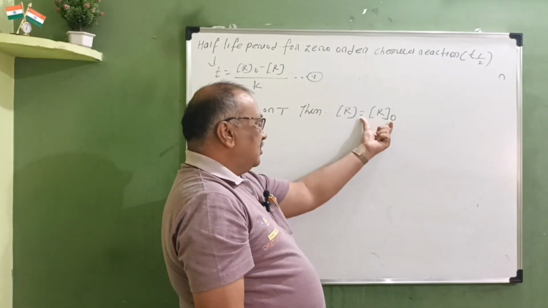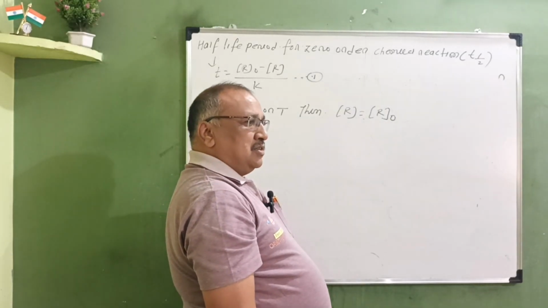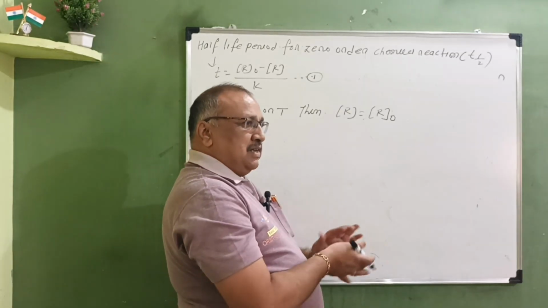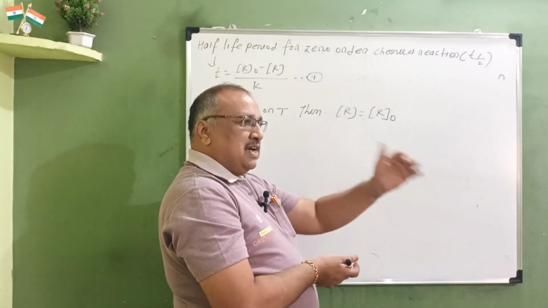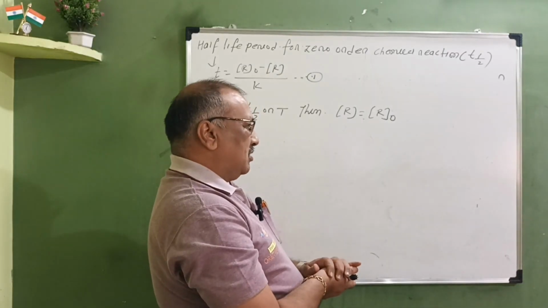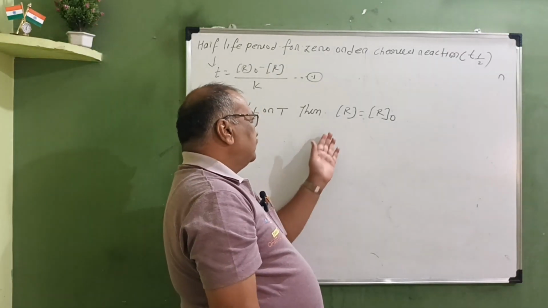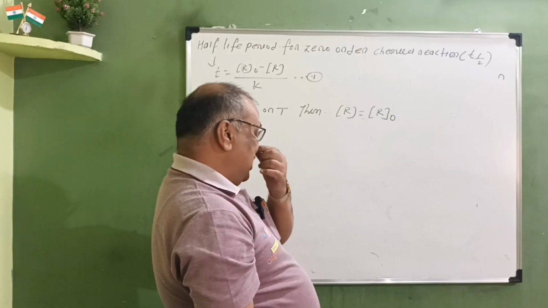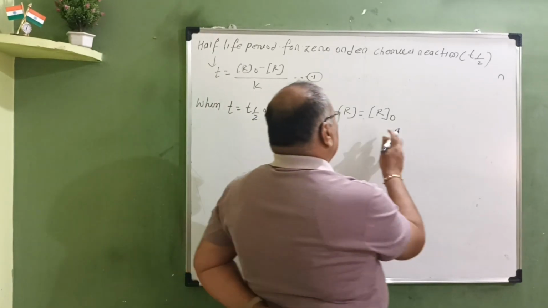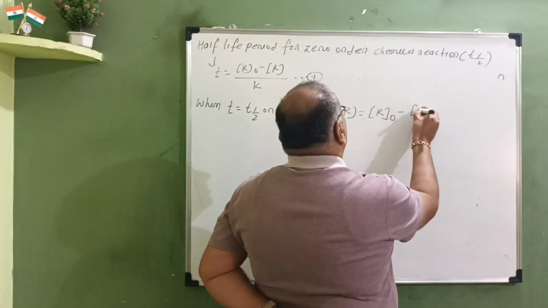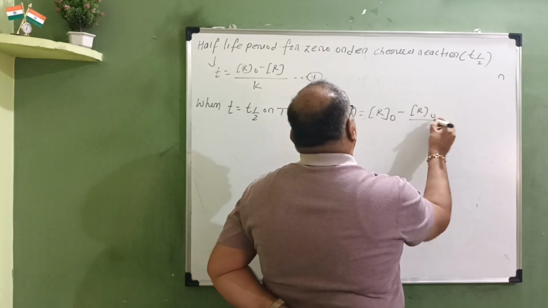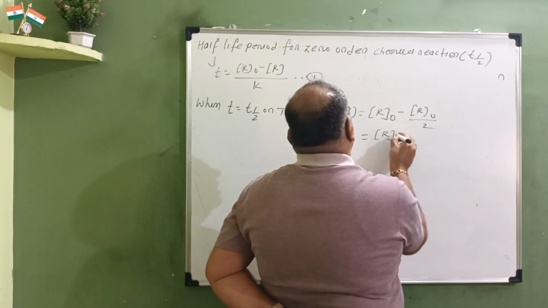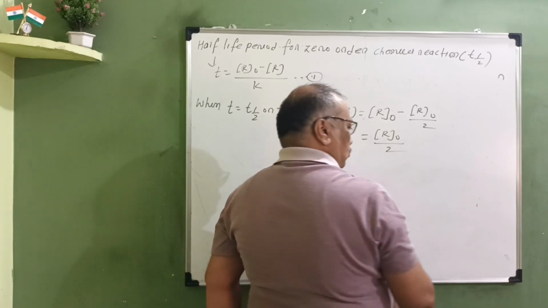This is the initial concentration of reactant, R0. Out of this, half is converted into product. That means the concentration of reactant at time T half is R0 by 2, that is, capital R is equal to R0 by 2.